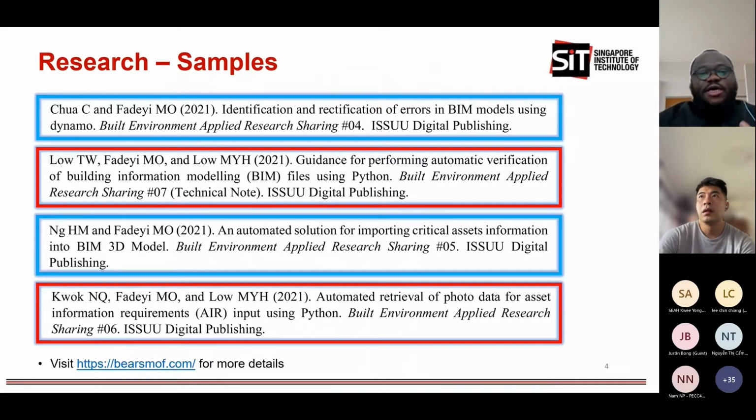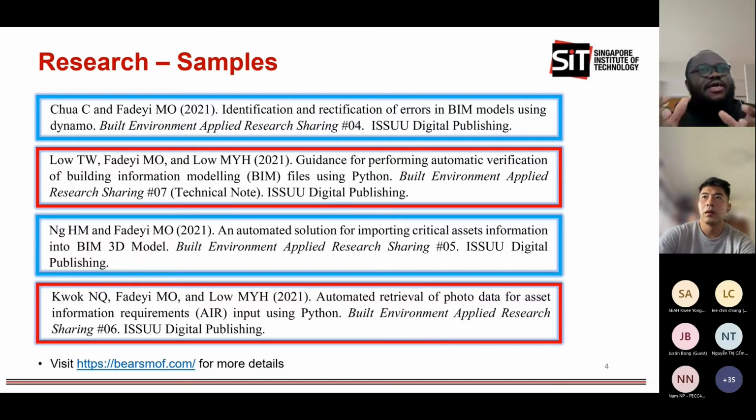Another one is the automated retrieval of photo data, because many times in facility management practices, we have to take a lot of photos, you have to document them, and if you are not able to streamline the process, use lean thinking, look for ways to ensure that you reduce the manpower required, the time required, that might cause a lot of problem for the building owner, basically compromise the value delivered to them.